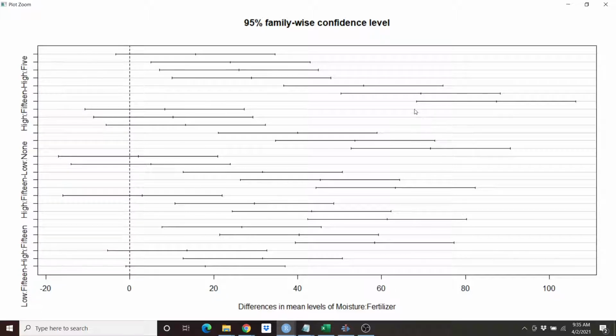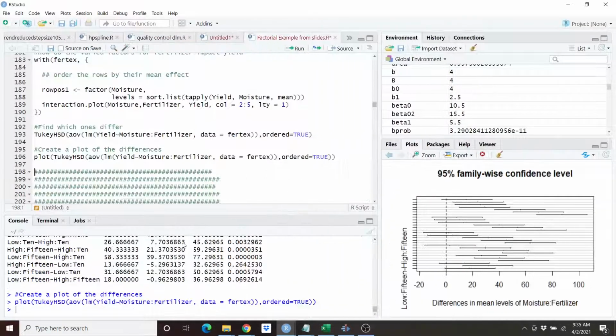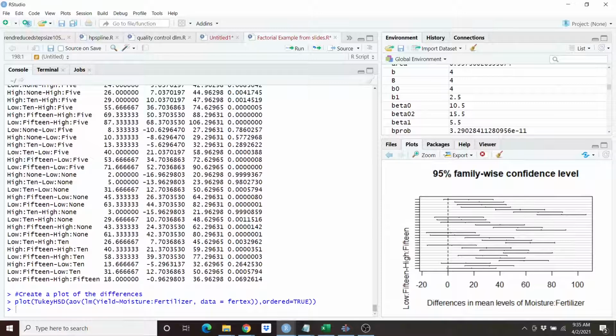And if we notice right here, this looks like our largest difference. And so what we could say is that it does appear that our values of low 15 and high 5 do have the largest significant difference.